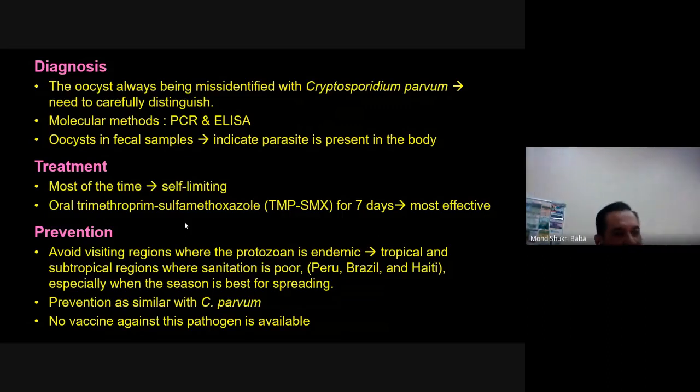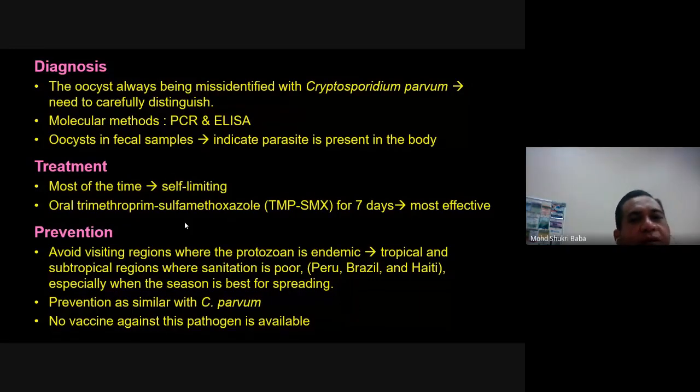Sama konsepnya dengan Cryptosporidium parvum. So that is why sometimes kita misdiagnose dengan Cryptosporidium because dia punya nature of infection dan juga nature of the morphology, nature of the disease sama saja dengan Cyclospora.